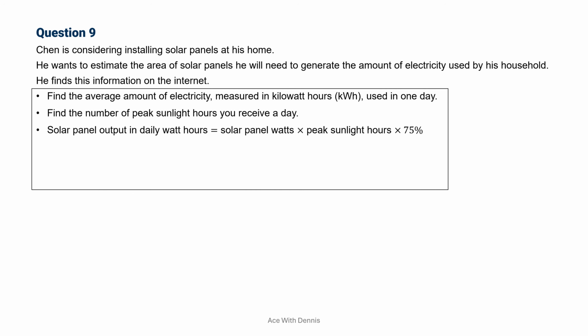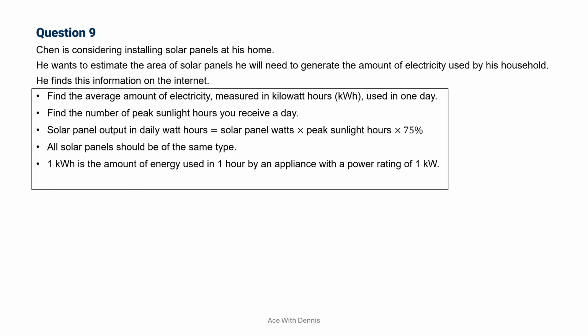Solar panel output in daily watt hours equals solar panel watts times peak sunlight hours times 75%. All solar panels should be of the same type. 1 kilowatt hour is the amount of energy used in 1 hour by an appliance with a power rating of 1 kilowatt. 1 kilowatt equals 1000 watts.